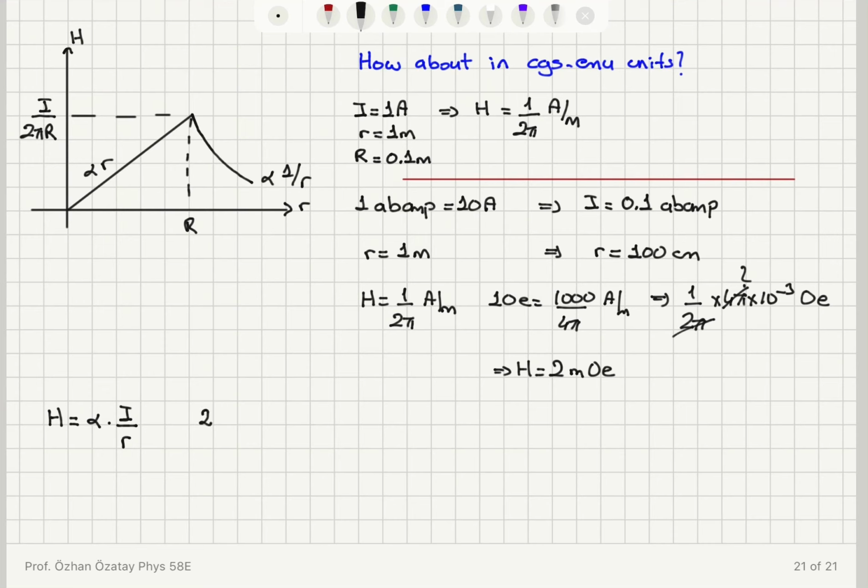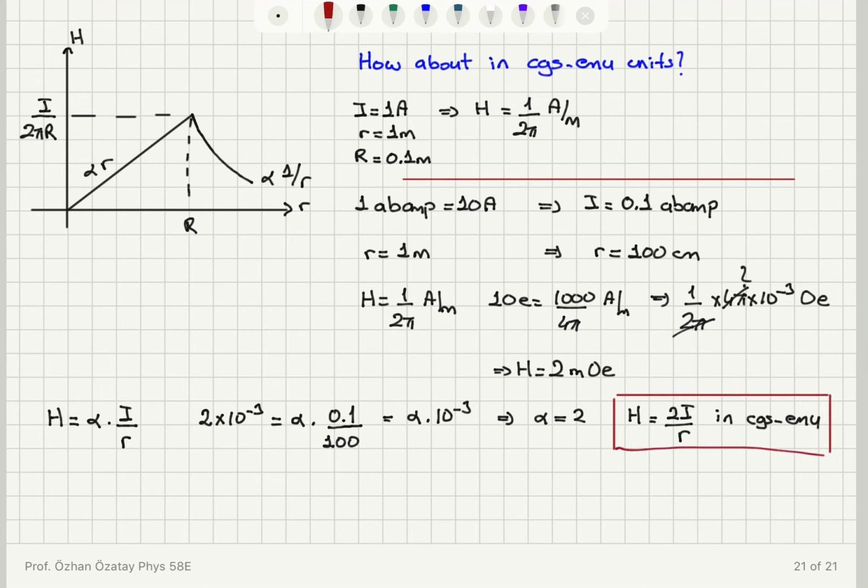I'm supposed to get 2 times 10 to minus 3 oersted as the answer by using this prefactor alpha, a current of 0.1 amps and 100 centimeters. So this is going to give me alpha times 10 to minus 3, which will imply that alpha is equal to 2. So the correct answer is H is equal to 2I over R in CGS EMU units.